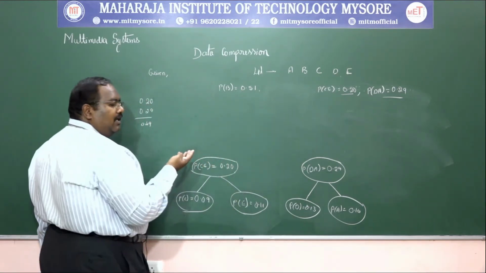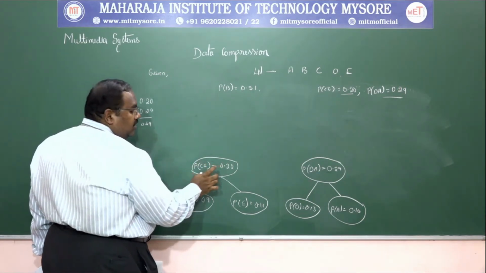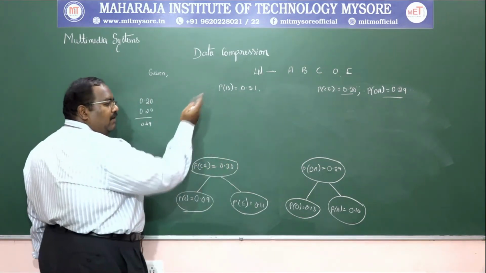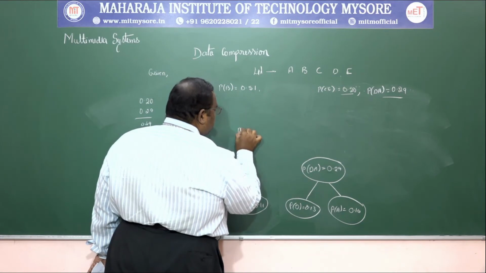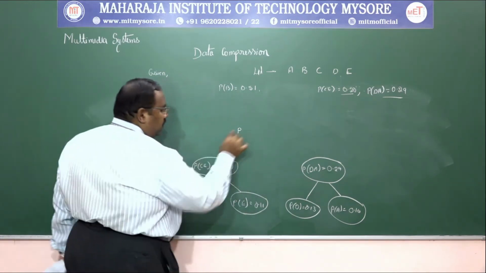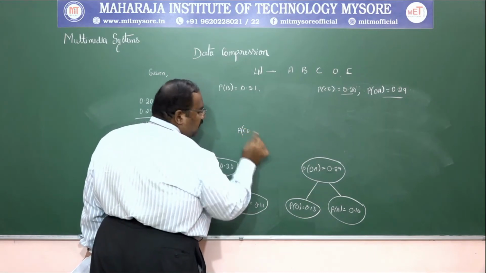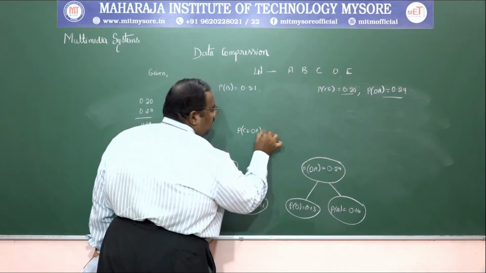Now what is the next state of the level here? What are we combining? We are combining these two itself. So when we combine it, it goes to the upper level. So the new node would be here. It is P of CE along with DA. What is the value?